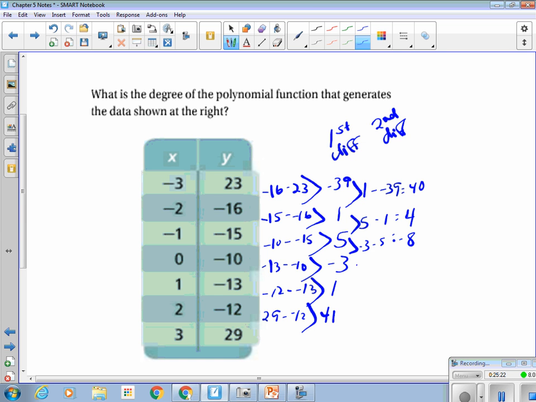Then I have 1 minus negative 3, which is 4. And then I have 41 minus 1, 40. So my second difference is not constant. So we're going to go third differences.